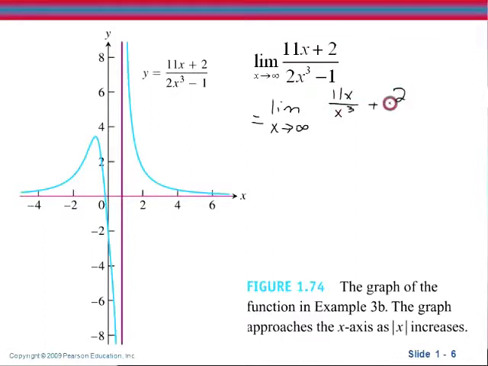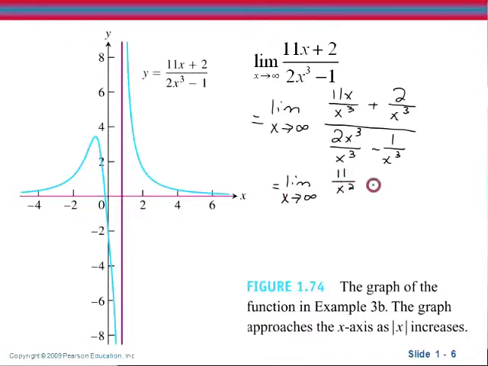11x over x cubed, 2 over x cubed, 2x cubed over x cubed, and negative 1 over x cubed. Now as we simplify each one of these, we'll have the limit as x approaches infinity of 11 over x squared plus 2 over x cubed, all divided by 2 minus 1 over x cubed.